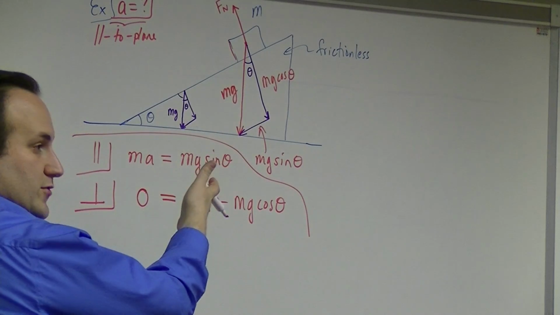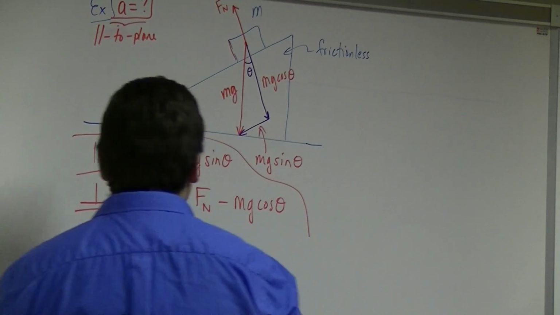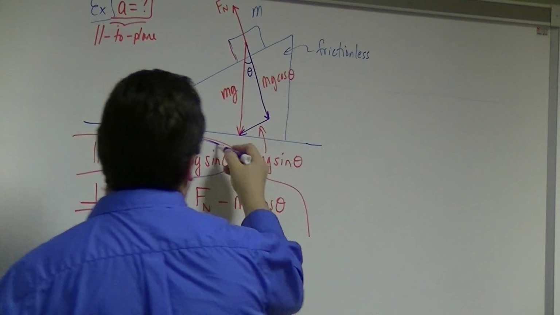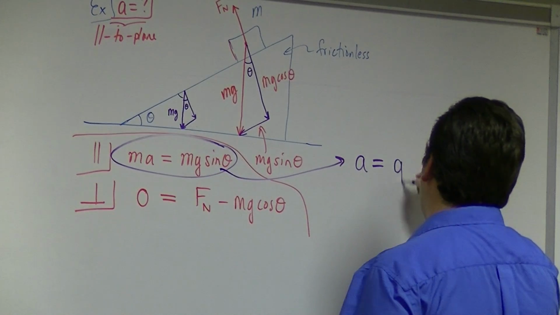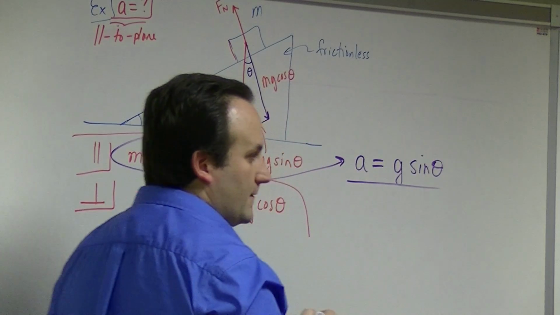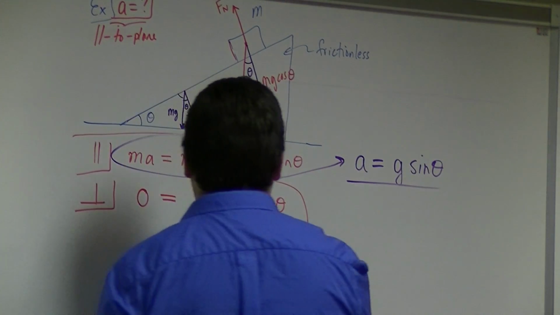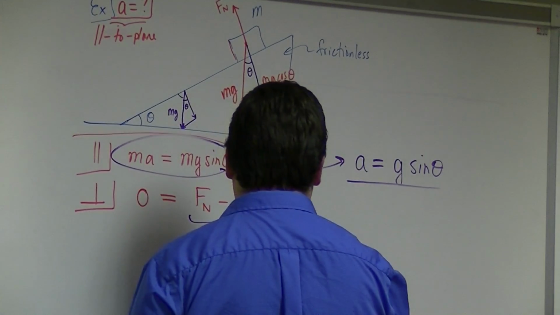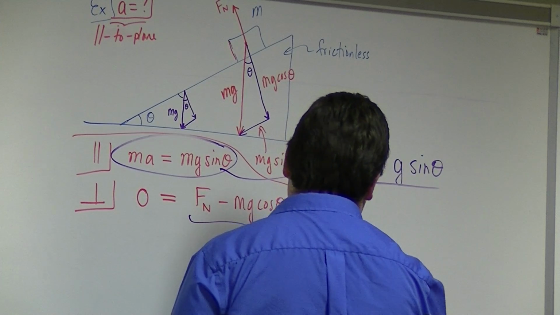Okay, so more to the point then, what's the acceleration? Just take this, right? The acceleration is equal to g sine theta, after dividing by m. And, by the way, again, to smell the roses, the normal force is in fact not the weight, it's mg cosine theta in this case.